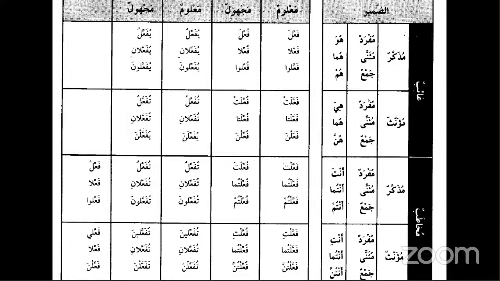So huwa yurattilu, huma yurattilani, hum yurattiluna. Correct. Hiya turattilu. Correct. Huma turattilani. Correct. Hunna yurattilna.